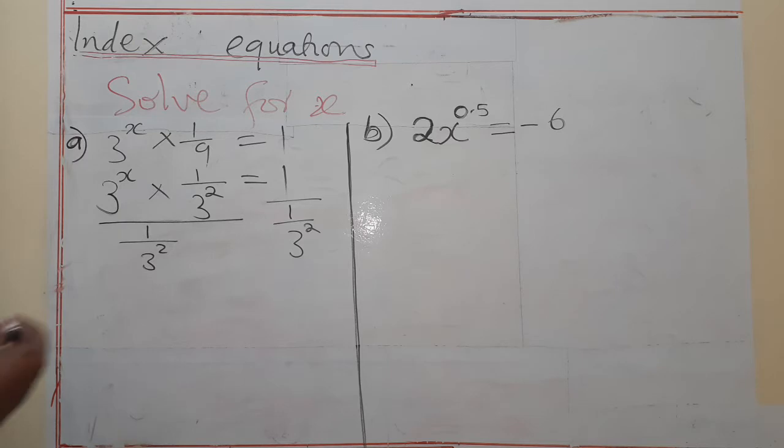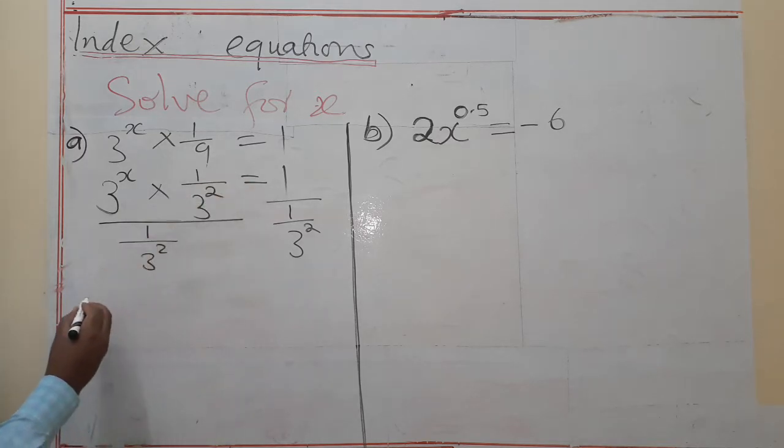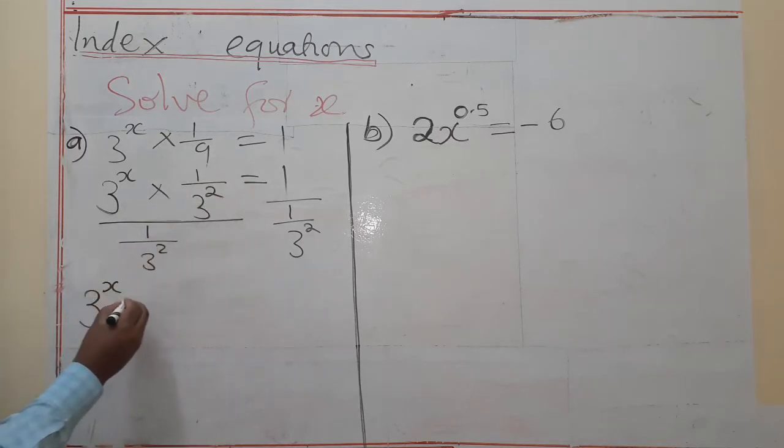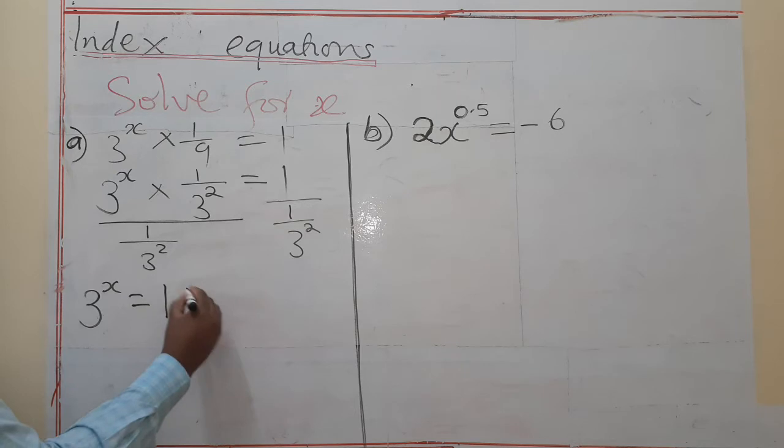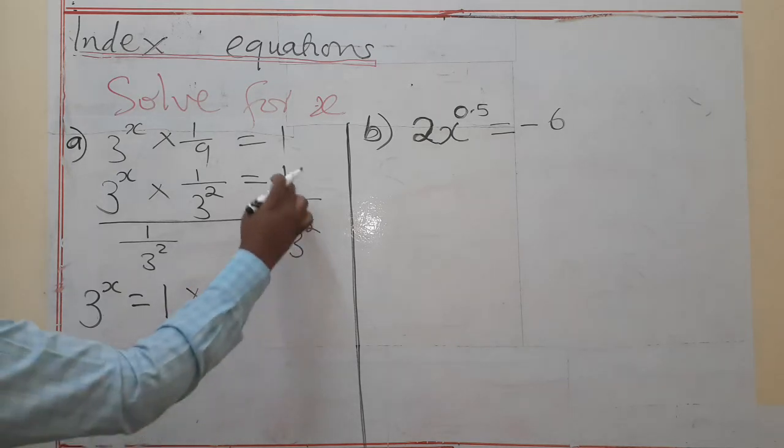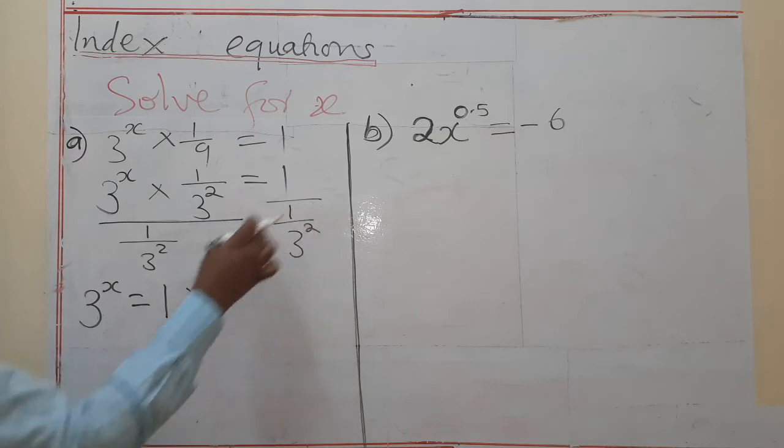So you have got 3 to the x is equal to 1, and here we can introduce a multiplication sign. When you introduce a multiplication sign you get the reciprocal.